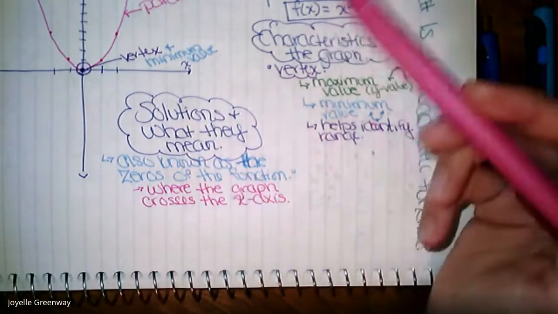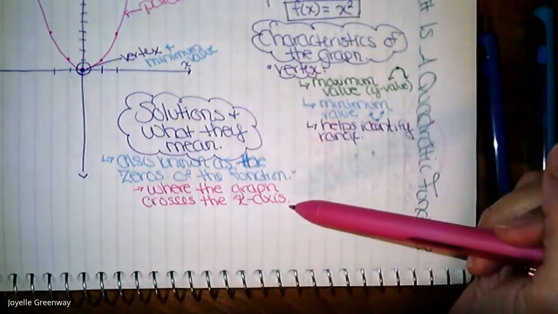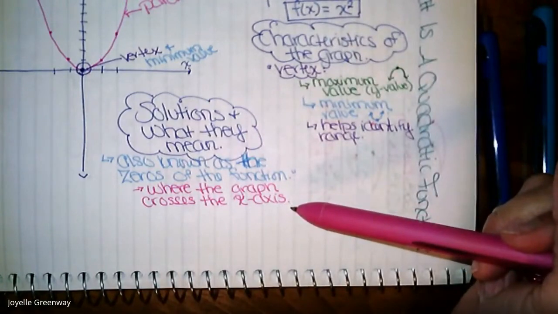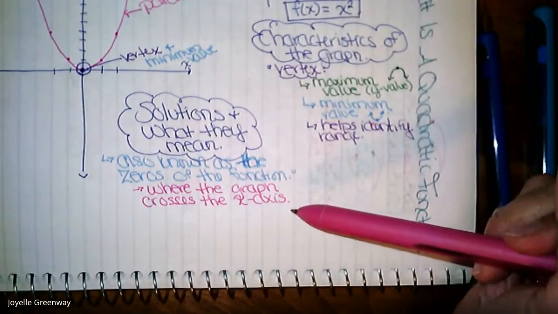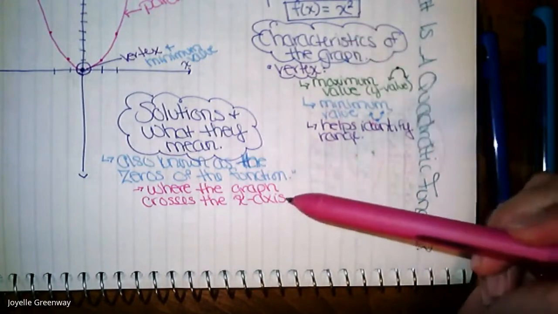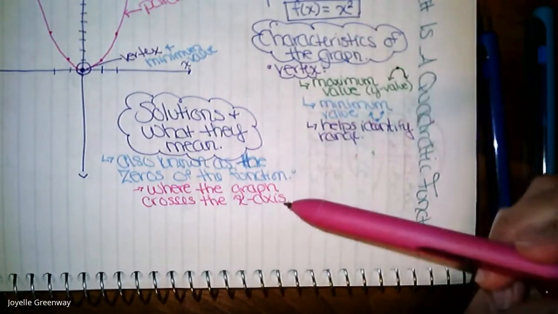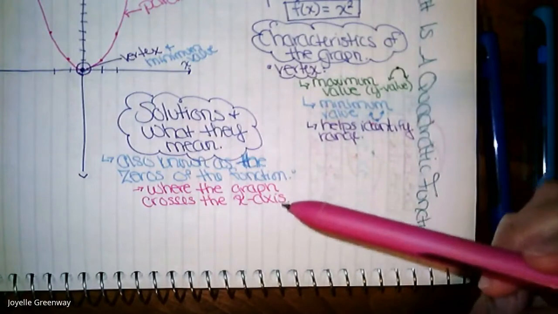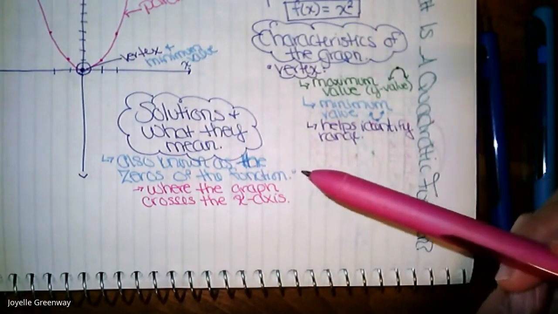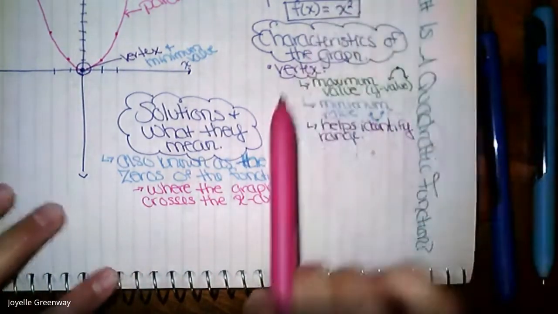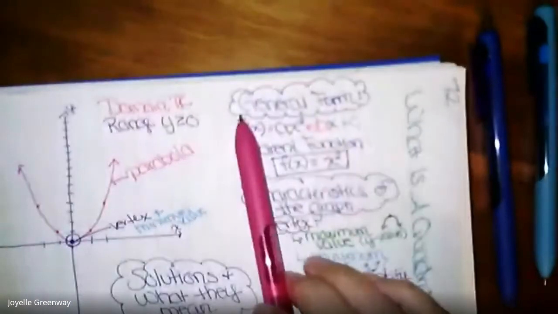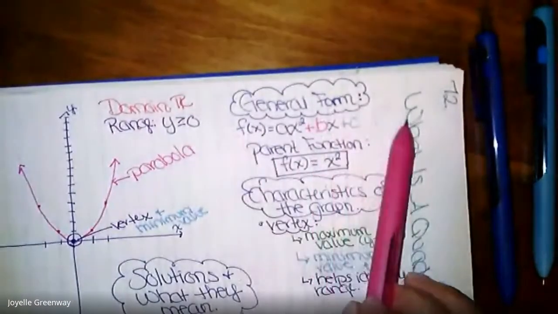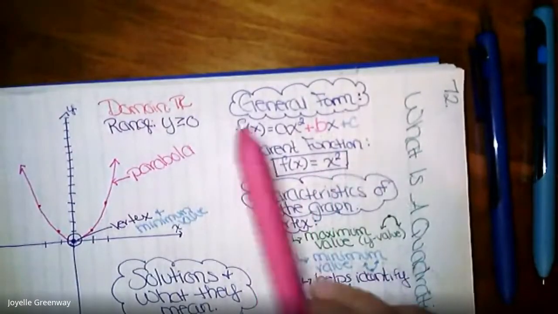So now you can see why this is important to know before we graph it. We have to know how to solve it because I need to know where this graph is going to cross my x-axis. So that's like taking your general formula or whatever quadratic you're given and you set that equal to 0.